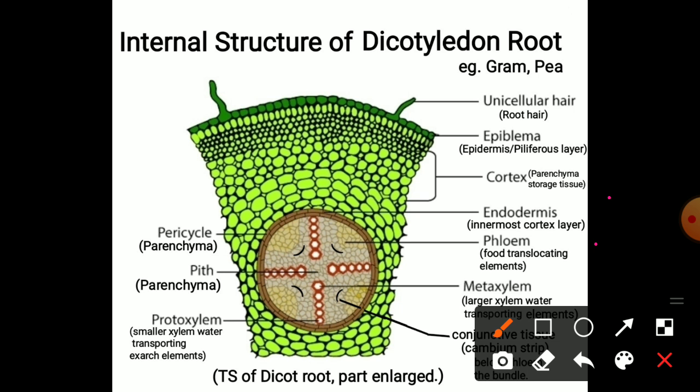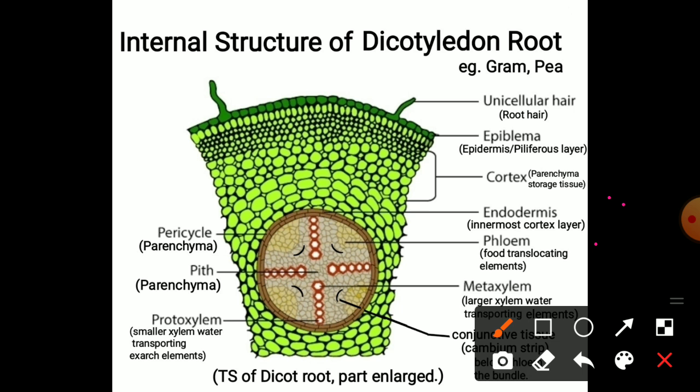The protoxylem points are facing away from the pith, away from the center toward the peripheral part, toward the pericycle. So this is the exarch nature of the dicotyledonous root.